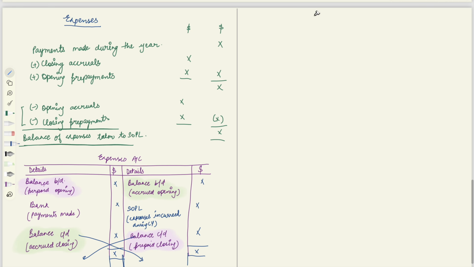Now let's move on to incomes. For incomes, again, we will take the payments received during the year.